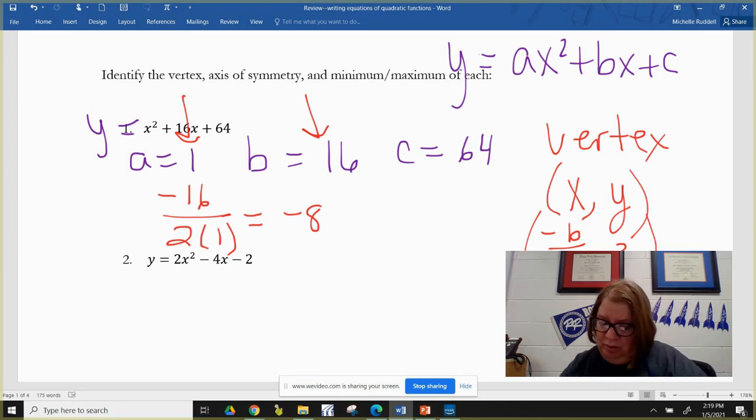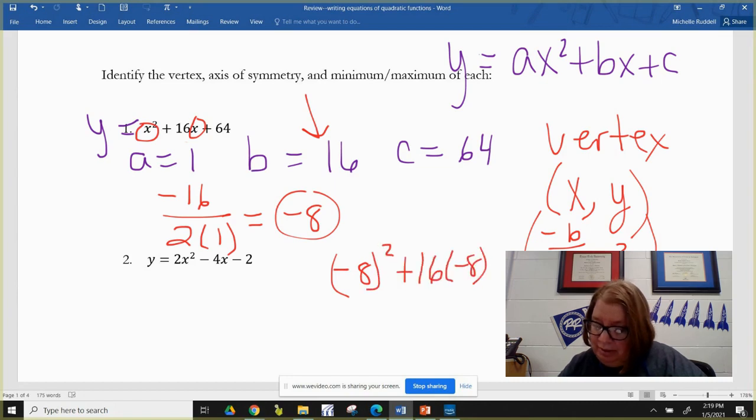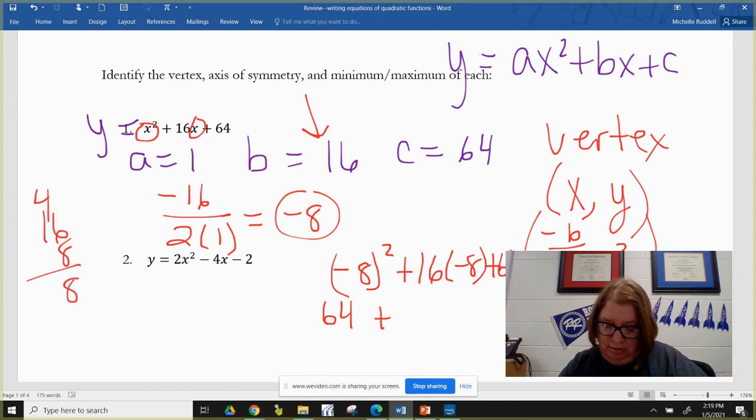So take this negative 8 and plug it in everywhere you see an x. So we have negative 8 squared plus 16 times negative 8 plus 64. 16 times 8 is 128, and that's a negative.